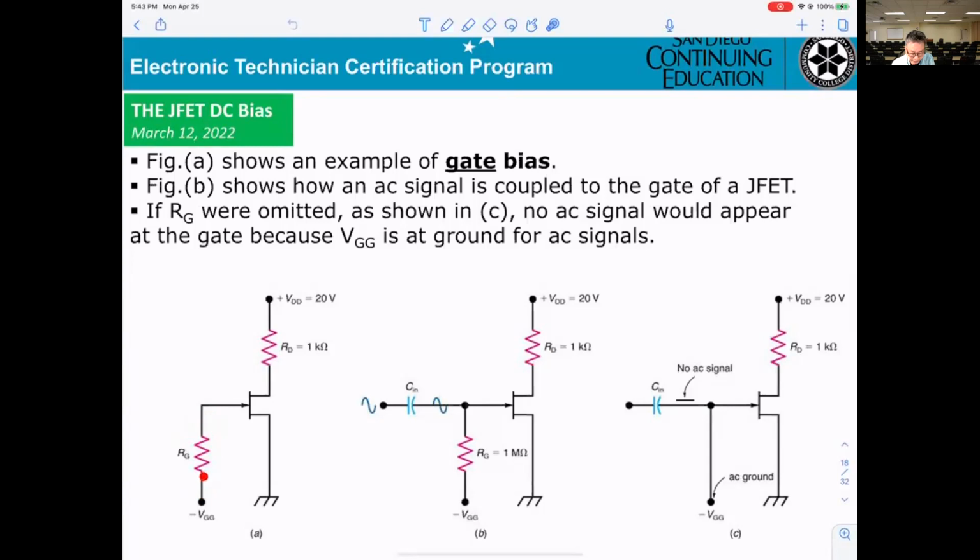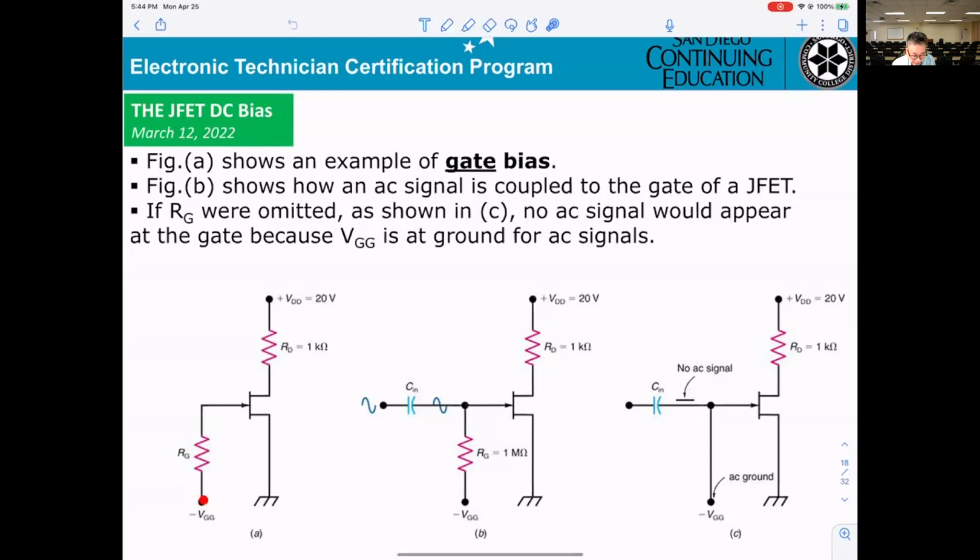Okay, so that will tell you another thing. The voltage minus VGG will be the same voltage at the gate. The problem is, do we need that resistor or not?